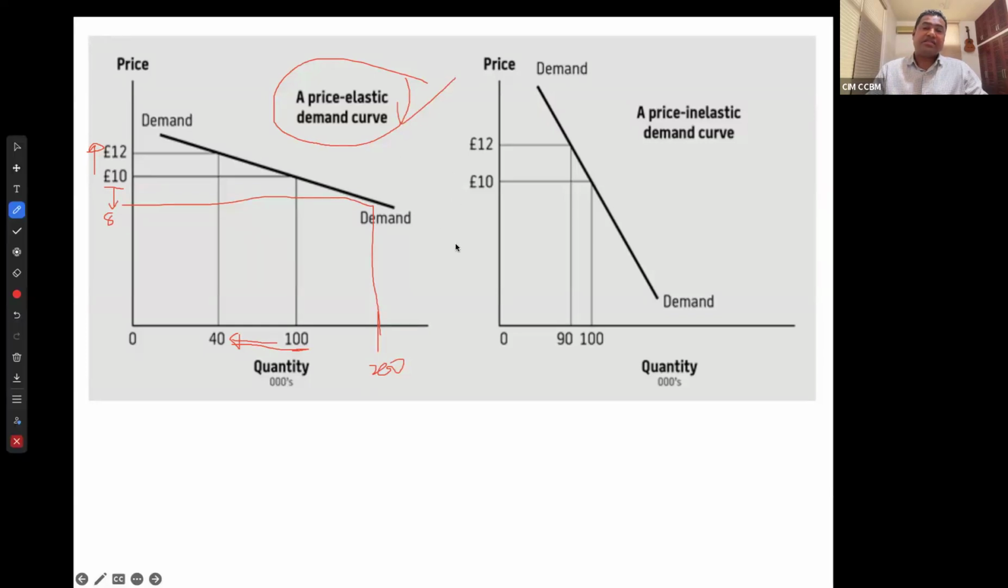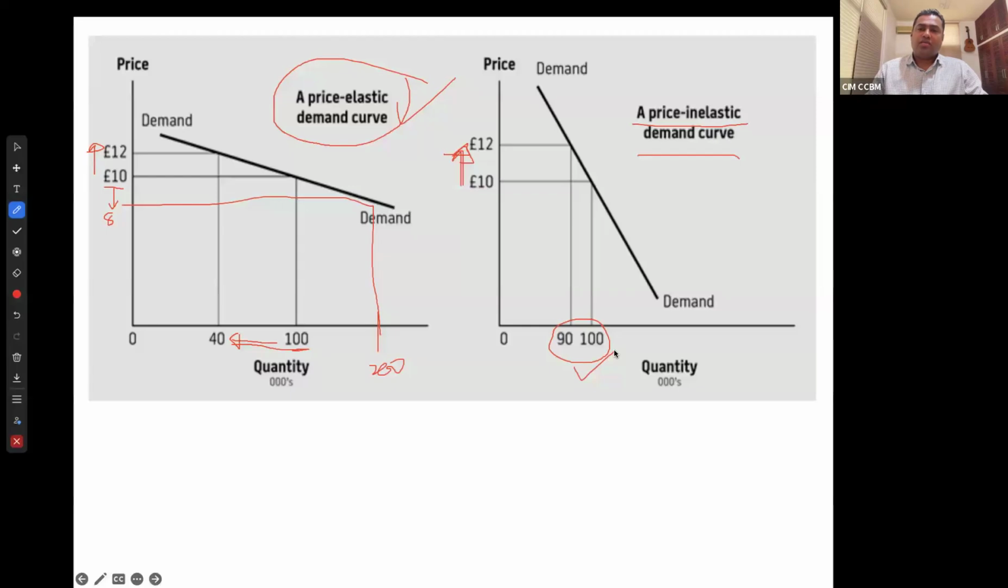Price inelastic demand curve is where a small change in price increase has not had a major change in quantity.